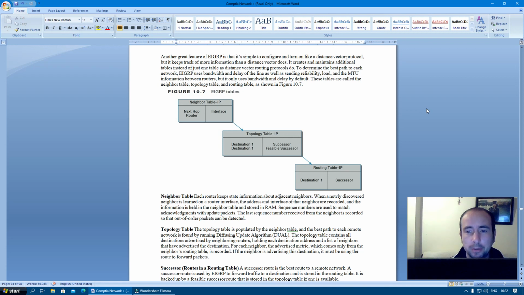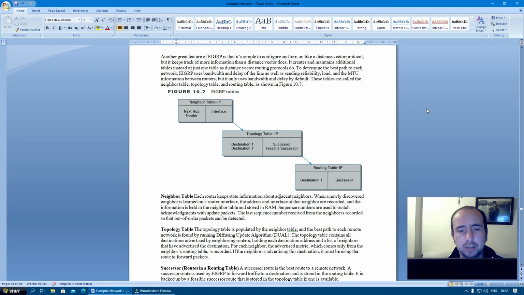To determine the best path to each network, EIGRP uses bandwidth with delay in the line, as well as sending reliability, load and MTU, which means maximum transmission unit, information between routers, but it only uses bandwidth and delay by default.